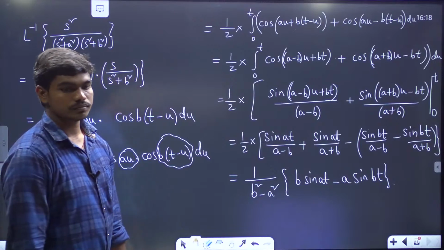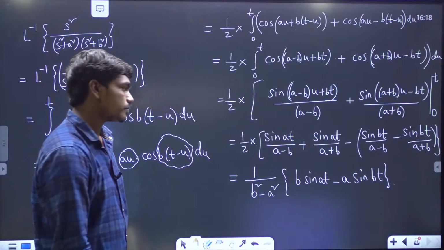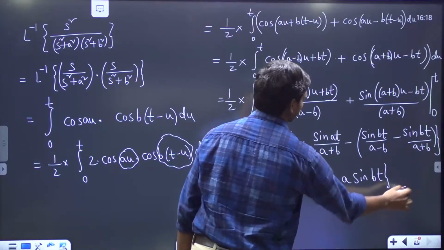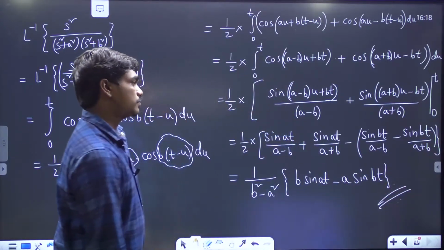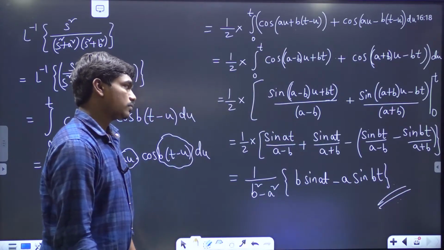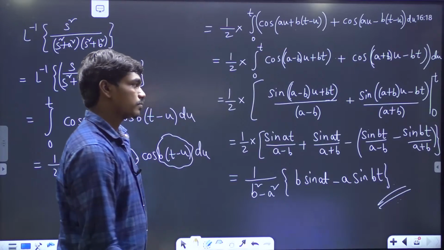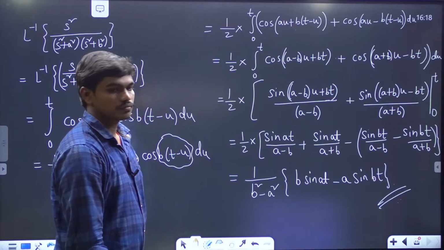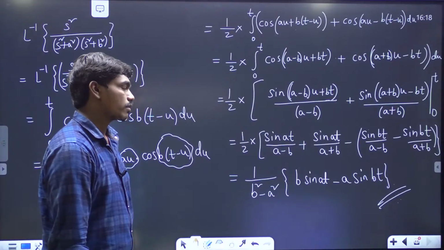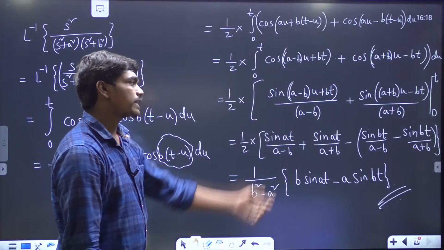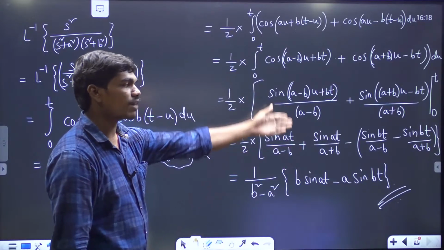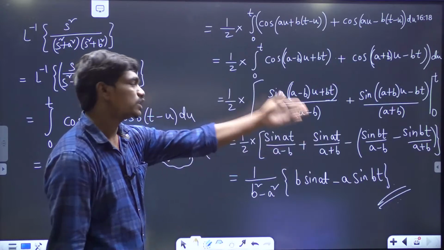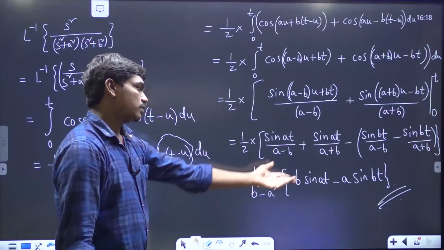Okay, correct, Shankar. You can take sin at minus sin bt common, then you'll have 1 by a − b minus 1 by a + b. If you simplify, you will get this value.